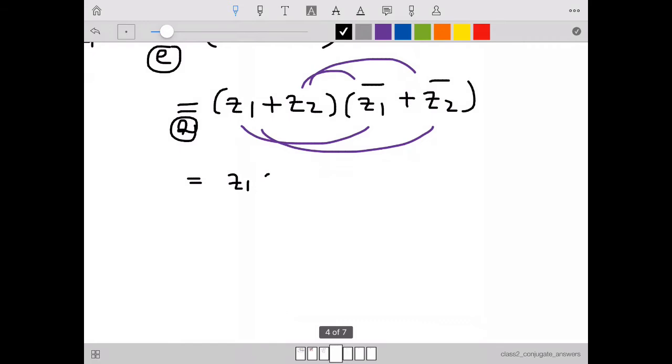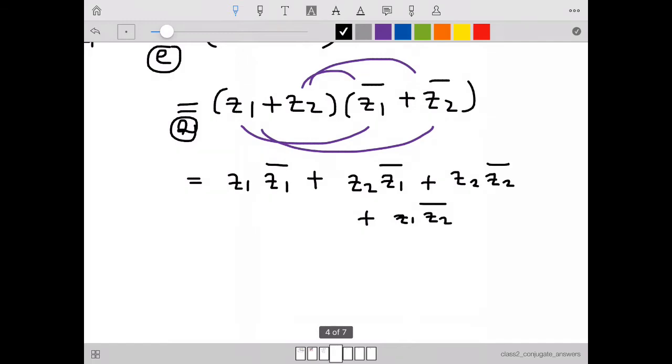So it is Z1 Z1 bar plus Z2 Z1 bar plus Z2 Z2 bar plus Z1 Z2 bar.